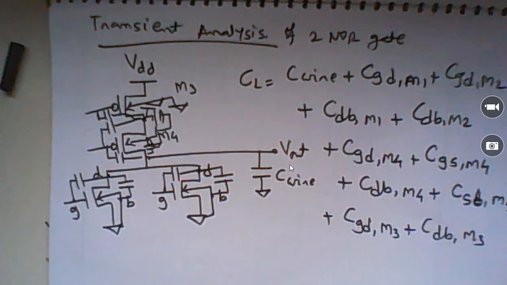So these are the different capacitors that come into the picture in the transient analysis of the two input NOR gate.